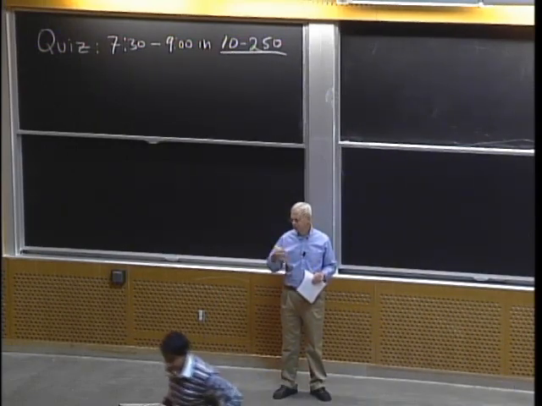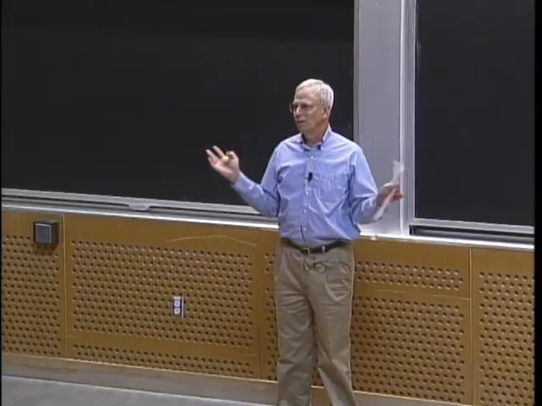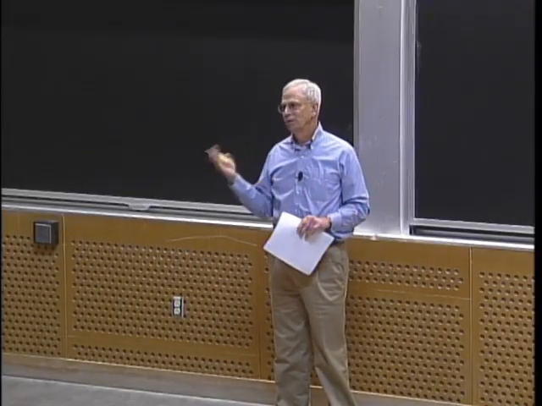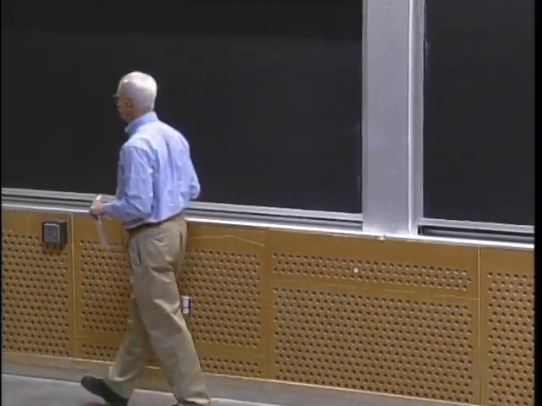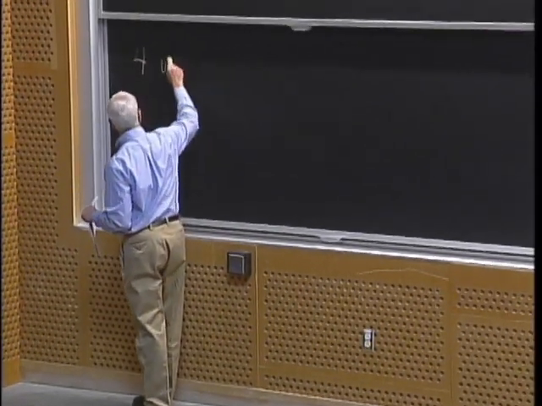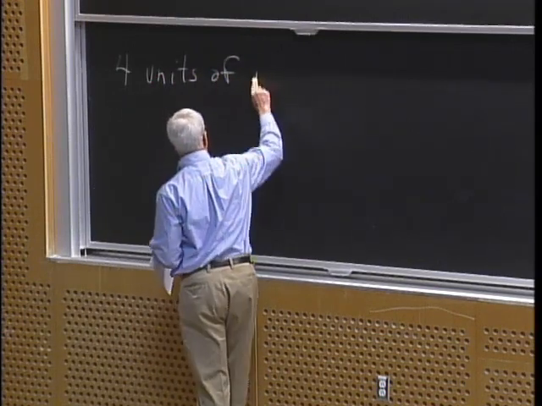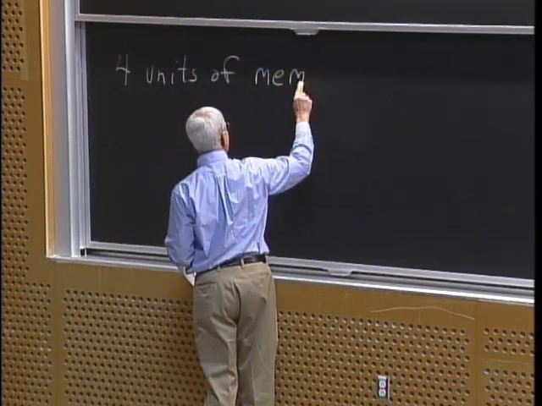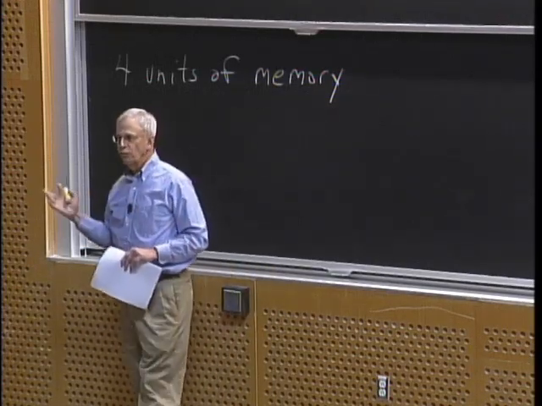Roughly speaking, either 32 or 64 bits, depending upon how big an int the language wants to support. So let's just, for the sake of argument, assume an int occupies 4 units of memory. And I don't care what a unit is. Is a unit 8 bits, 16 bits? Doesn't matter. 4 units.